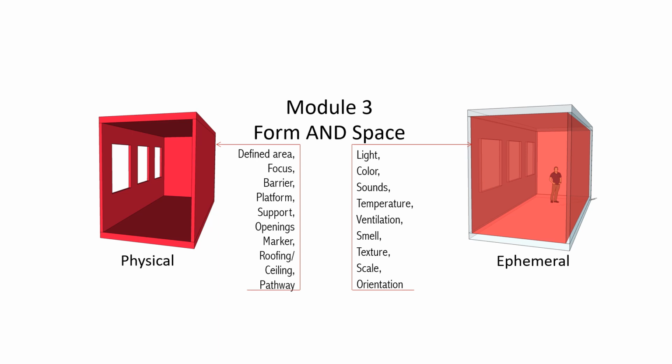Ephemeral in a sense that it's intangible, it's not easily captured, it's not easily defined, but it's very important because space is what humans enter into. That's what we occupy. And form and space are really contingent and interrelated when it comes to design.